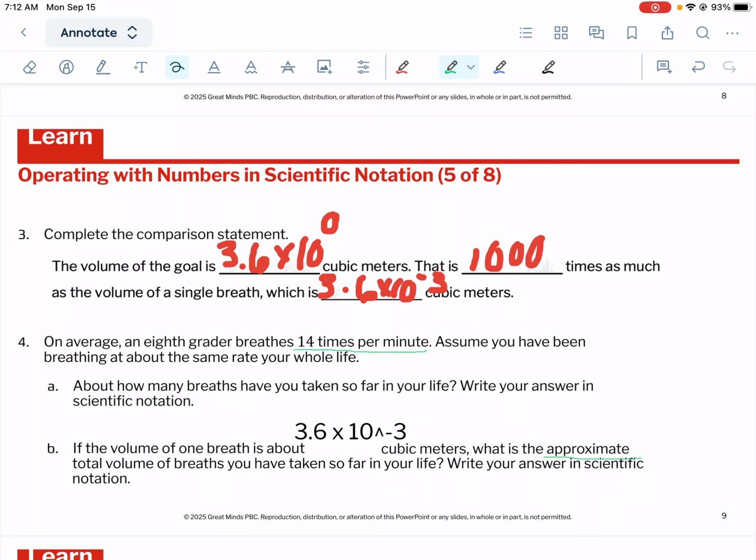Keep your answer in scientific notation. So here for B, like how we divided for number 2, you're going to divide the amount of breaths you've taken so far in your life, written in scientific notation, by the 3.6 times 10 to the negative third. This is just a little bit of practice. Pause here for work time.